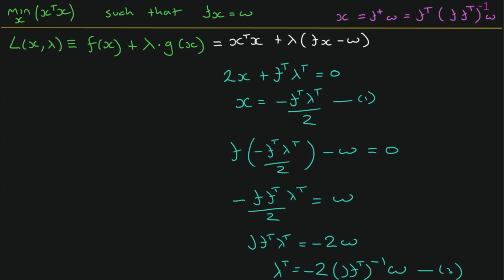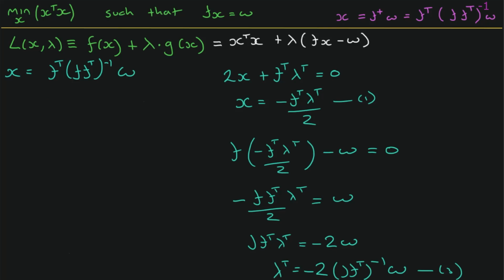Okay, so working with equation 1, we have x equals minus J transpose lambda transpose on 2, and we substitute in for our lambda transpose. So the minuses will cancel, the 2's will cancel. We have J transpose J J transpose inverse W.